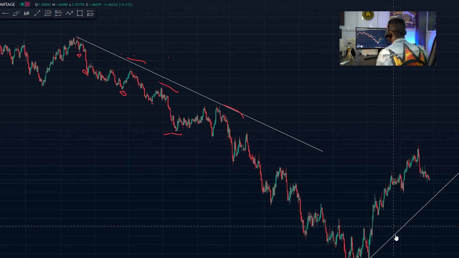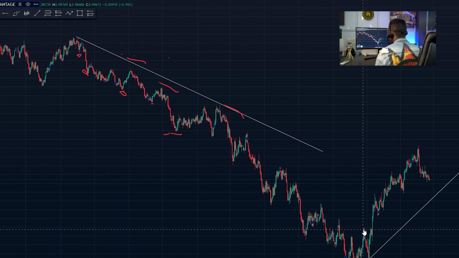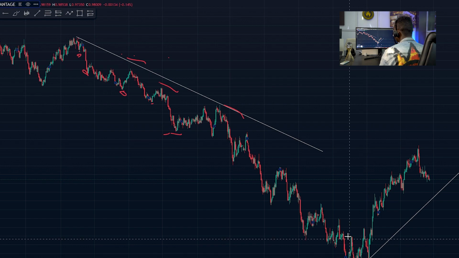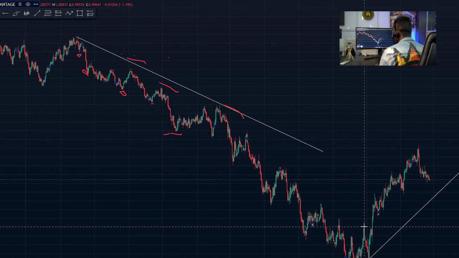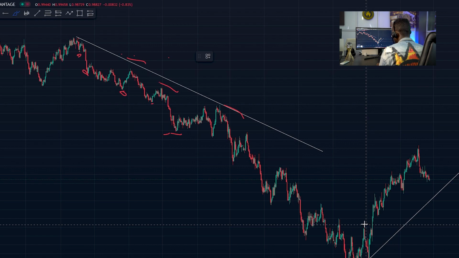So if we look at this trending market now, remember the highs are the top of the candlestick, the lows are the bottom of the candlestick. If you look at the top of the candlestick, you'll notice they keep increasing in height. This is the first.